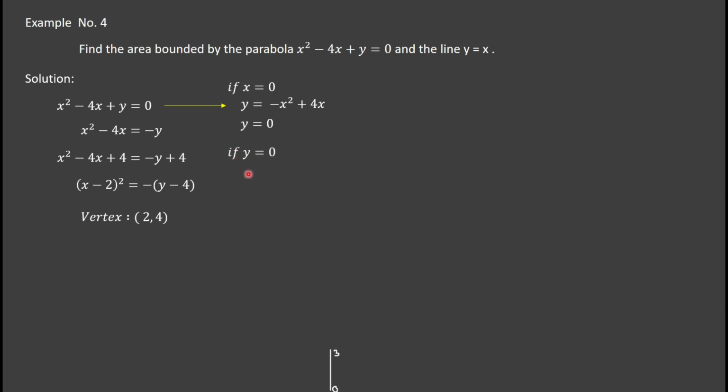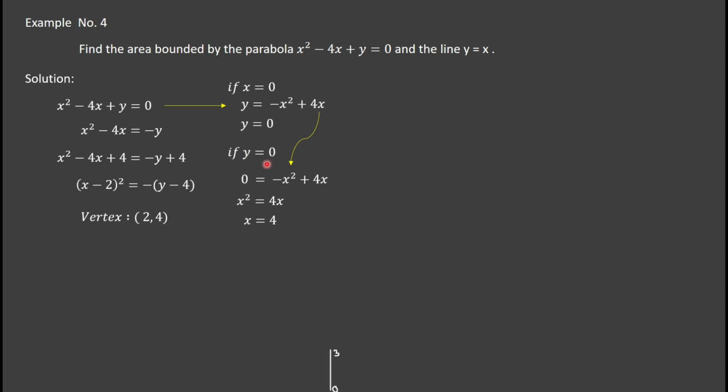When y is equal to 0, y is equal to negative x squared plus 4x, so x squared is equal to 4x, then simplify, so x is equal to 4.